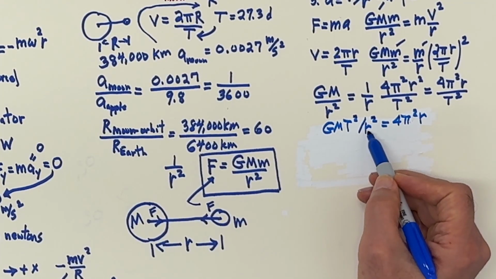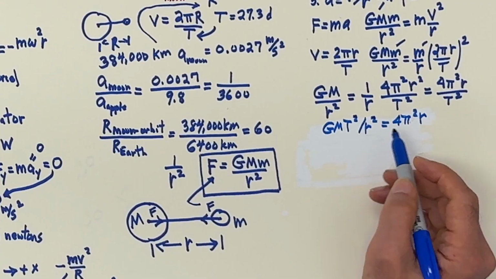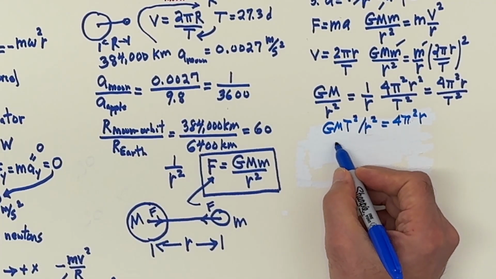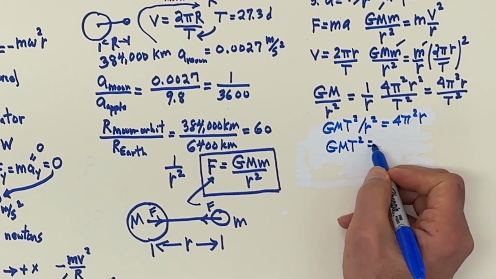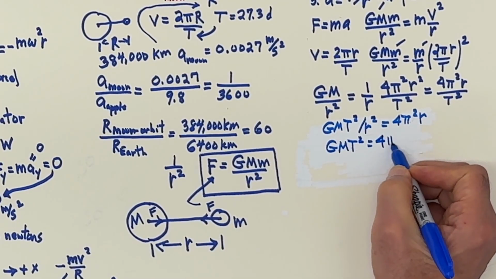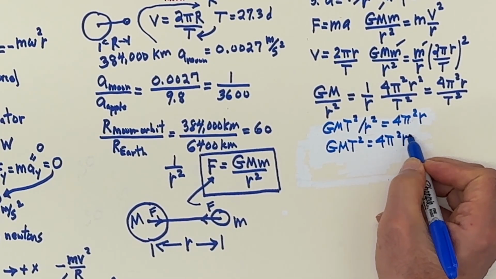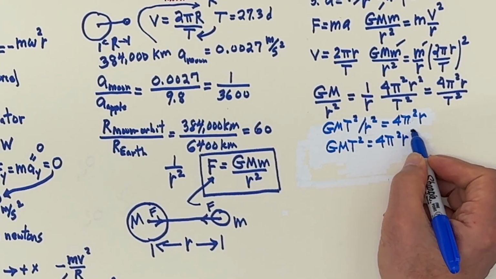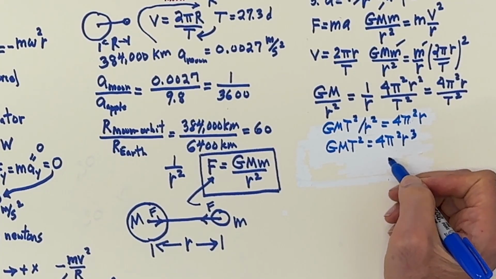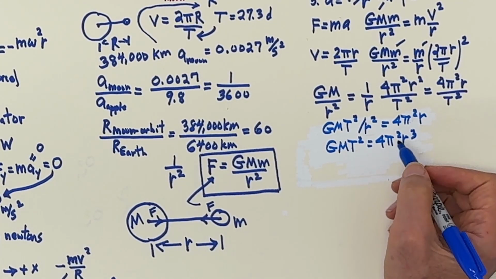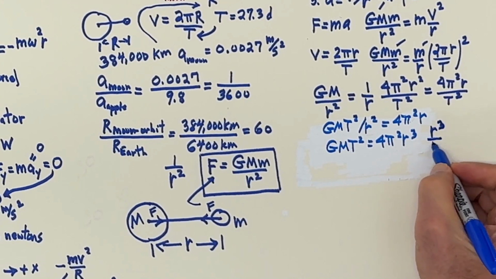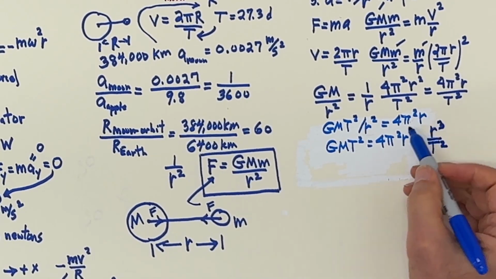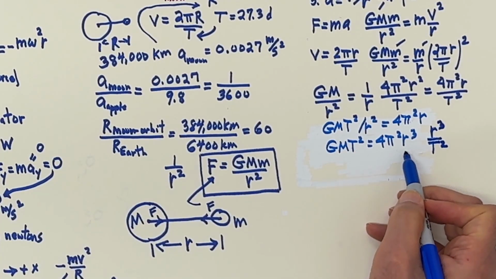The r cubed is going to appear. The T squared's appearing. So we have G M T squared is 4 pi squared r cubed. Very, very nice. So now we can find r cubed over T squared by bringing the T squared down here.